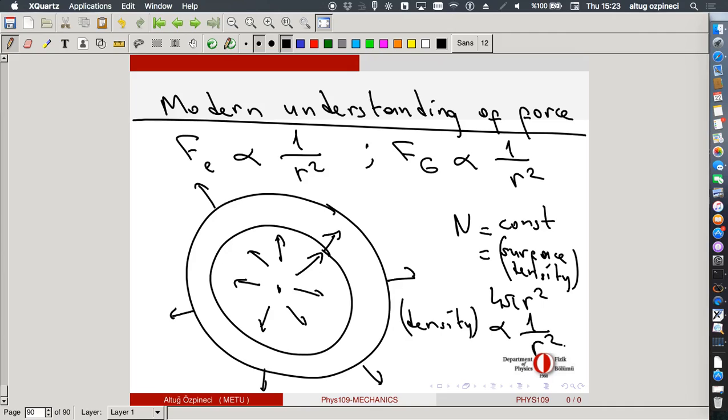Other questions? Is there a modern understanding of the definition of momentum? Well, the modern understanding is that momentum is a more fundamental object than velocity.